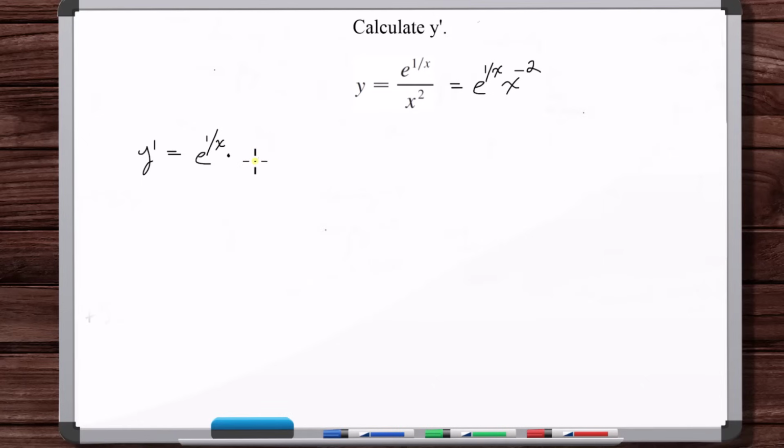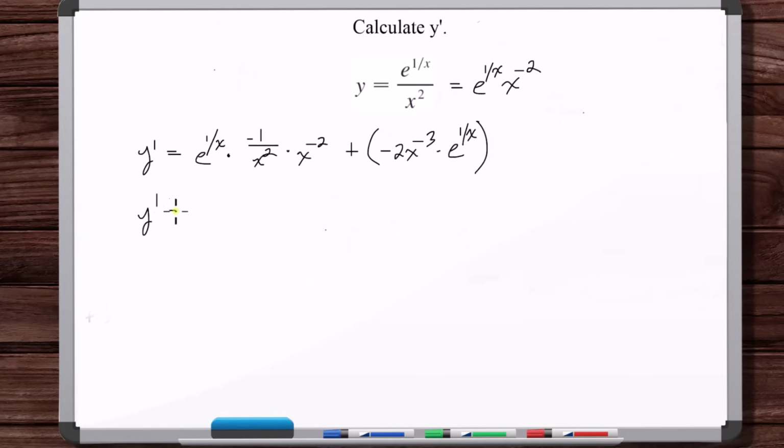What is the derivative of 1 over x? That's minus 1 over x squared. So the derivative of the first times the second plus the derivative of the second. What is the derivative of x to the minus 2? That's minus 2x to the minus 3, times the first.